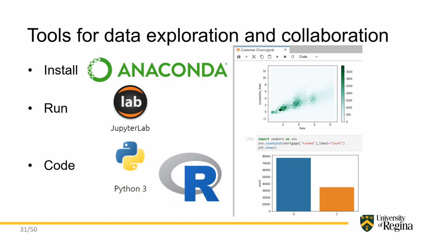That story is how you found a business problem, how you tried to solve it, and what the results are. One of the best ways that data scientists have found to tell that story is using something called a notebook.